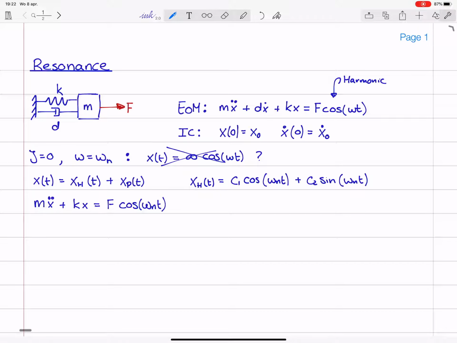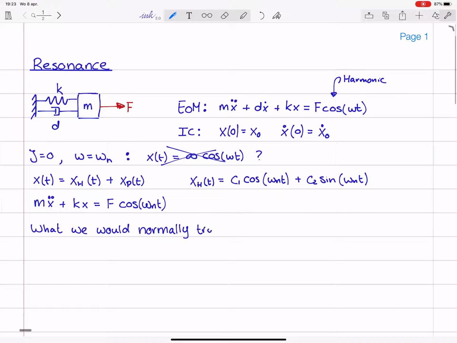Okay, so using the method of undetermined coefficients, we would normally try a cosine of omega n t, or maybe a cosine sine combination of omega n t. But look, this is already in the homogeneous solution. So what we would normally try for xp is already in xh.